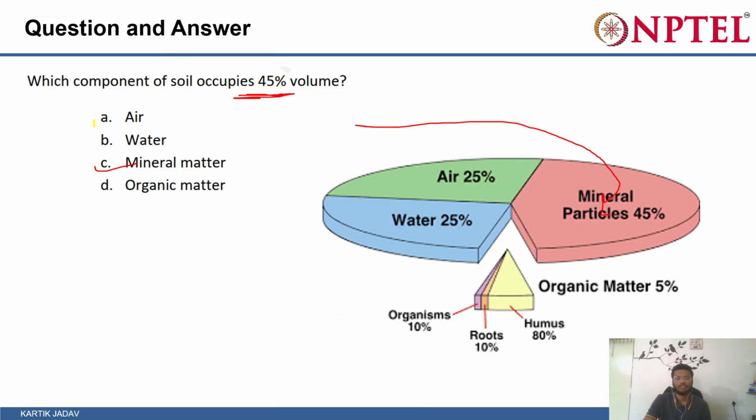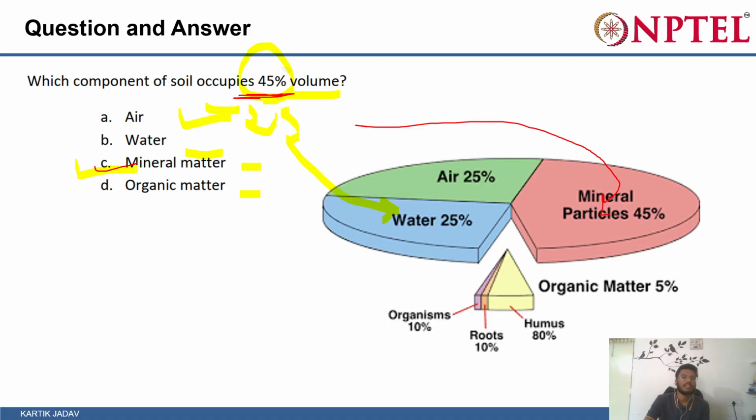Next question: which component of soil occupies 45% volume? Air, water, mineral matter, or organic matter? We know that air is around 25%, water is also around 25%, while mineral content has 45% distribution, covering almost 45% in any soil.